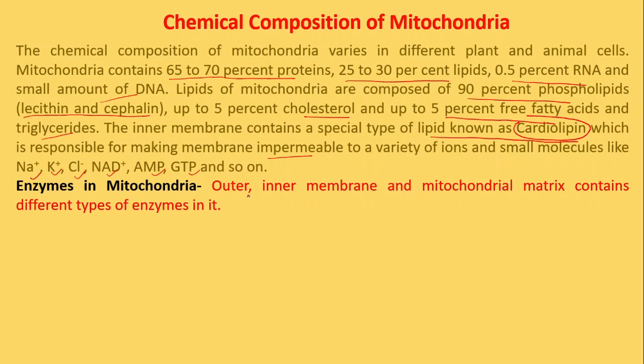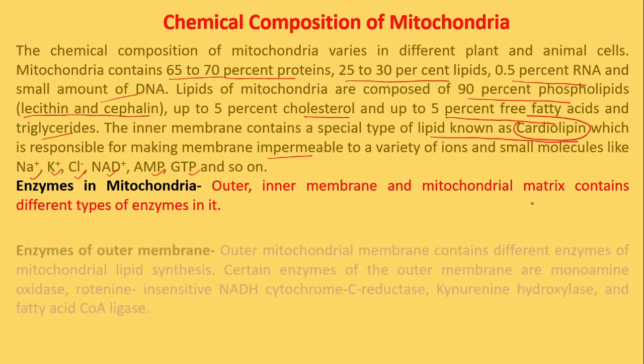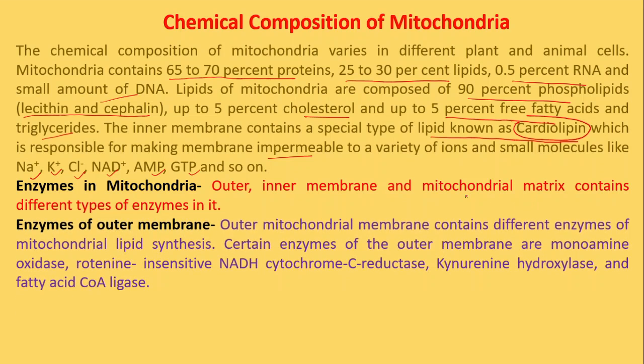Mitochondria contain different types of enzymes. First of all, we'll see enzymes. The outer and inner membranes and the mitochondrial matrix contain different types of enzymes. First of all, we will discuss the enzymes present in the outer membrane. The outer mitochondrial membrane contains different types of enzymes which are responsible for mitochondrial lipid synthesis.